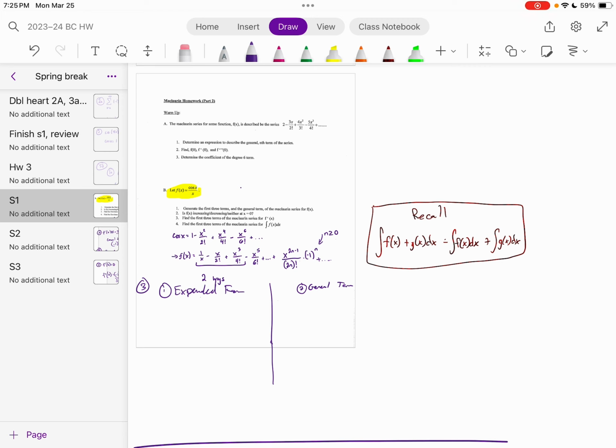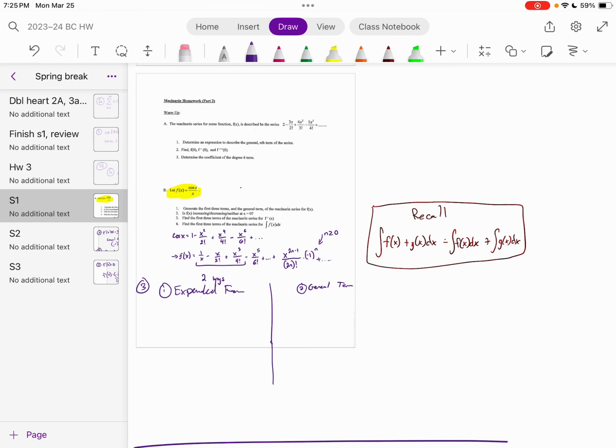So I wanted to start, we're in S1 on the last page, I believe. You started this problem, and Miss Yam told us to ignore the last couple of problems on this page, but we're going to do them now.